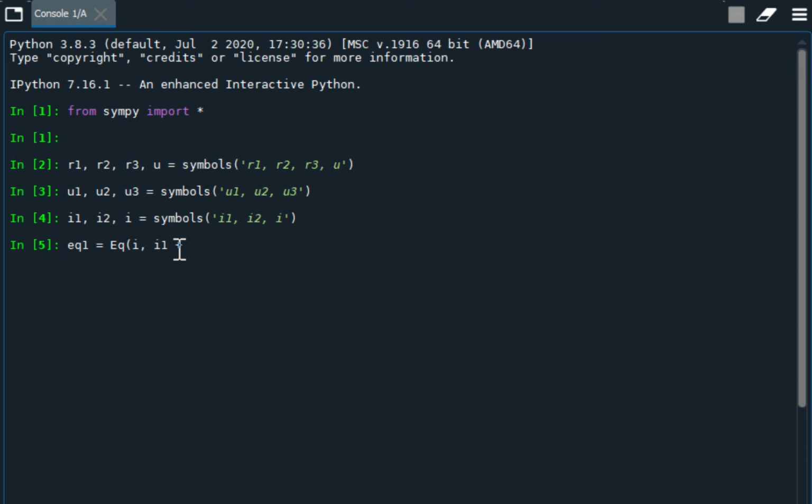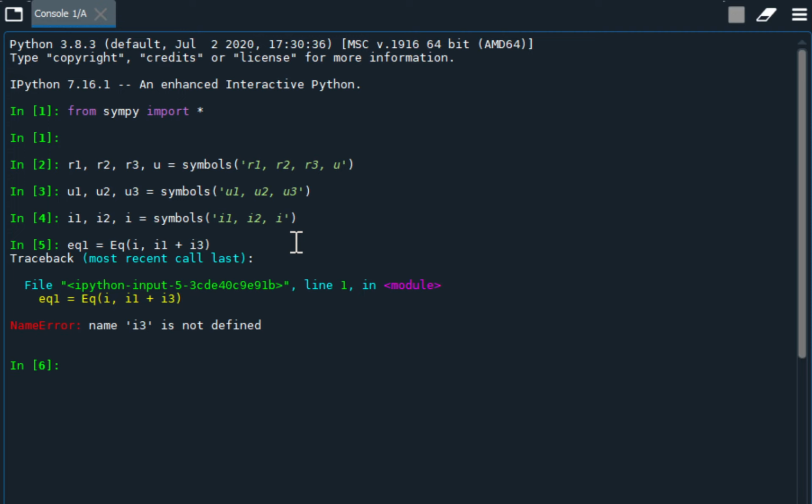The left-hand side of the equation, comma, right-hand side of the equation. Maybe I should actually make the correct symbols first. So you saw an excellent example: when you mistype something, you get error messages. Better.